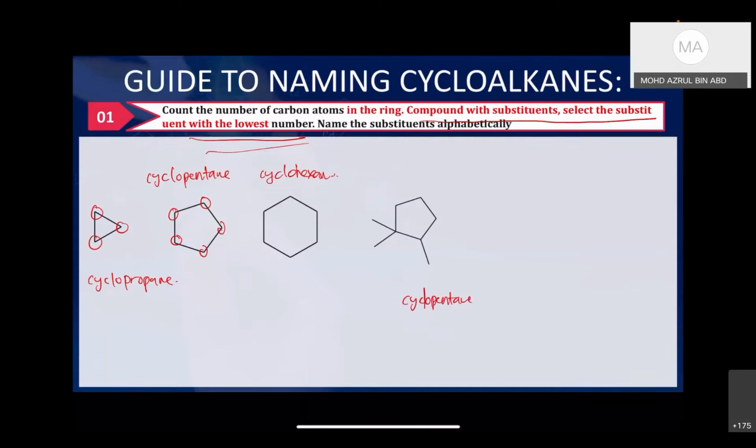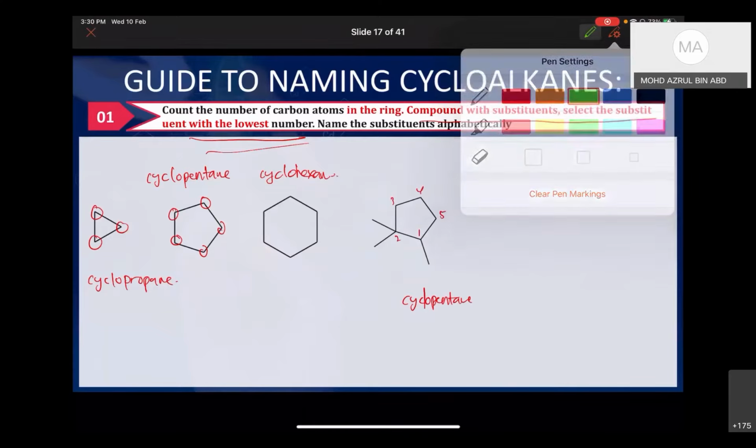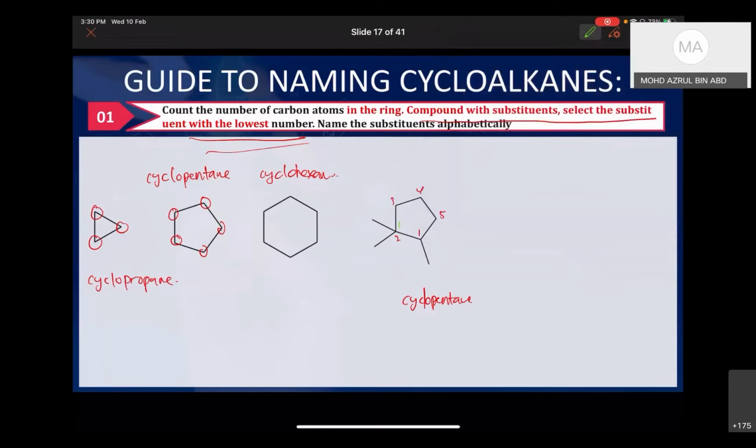we then need to look at the substituent. Maybe you can start the number from here: 1, 2, 3, 4, 5, or maybe you can start from here: 1, 2, 3, 4, 5. Following the rules, you need to select the lowest number of substituent and then name alphabetically.